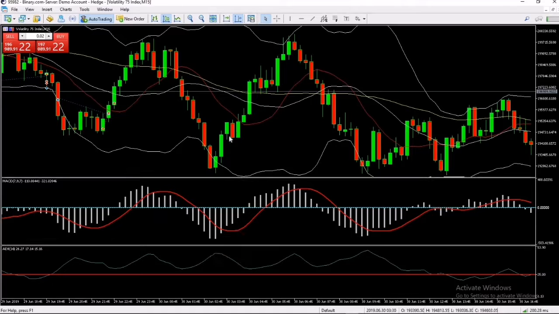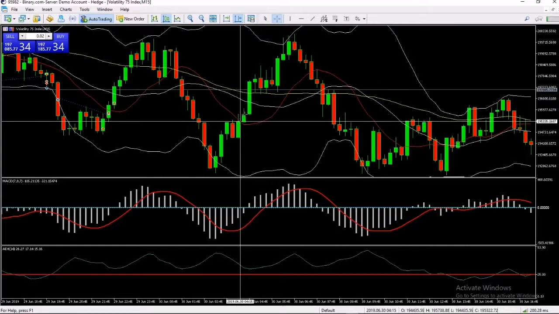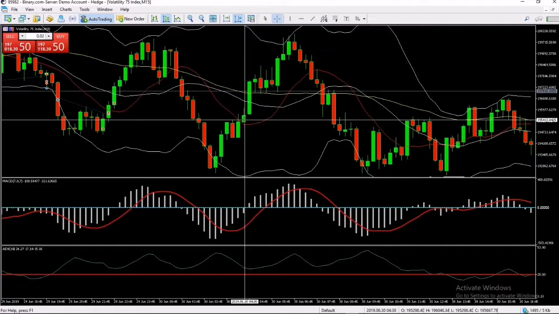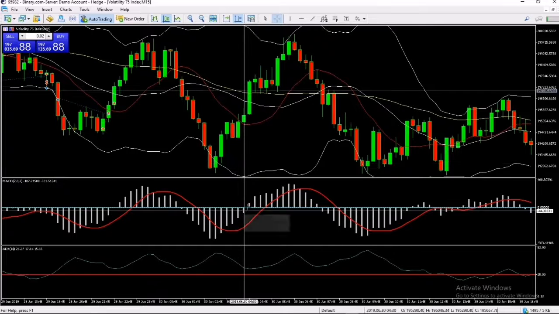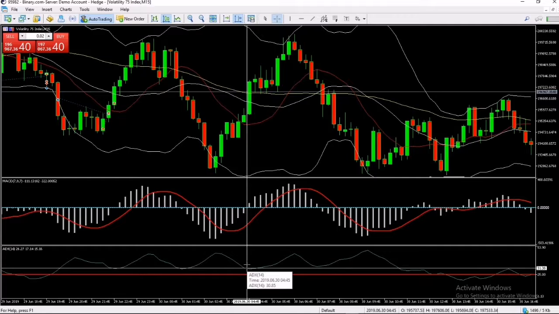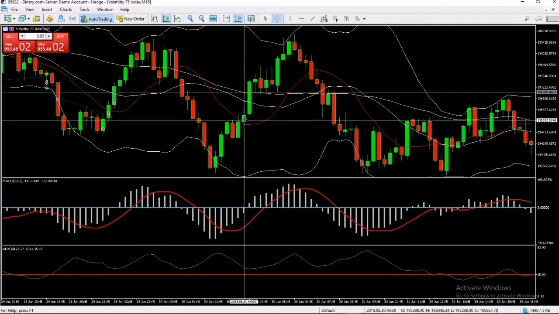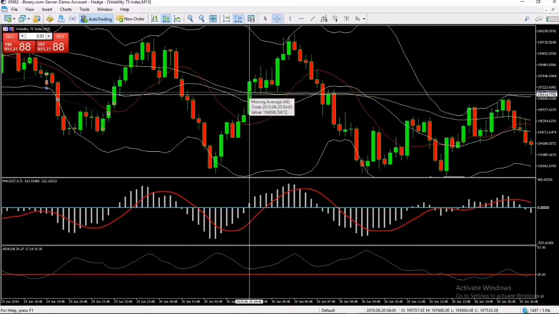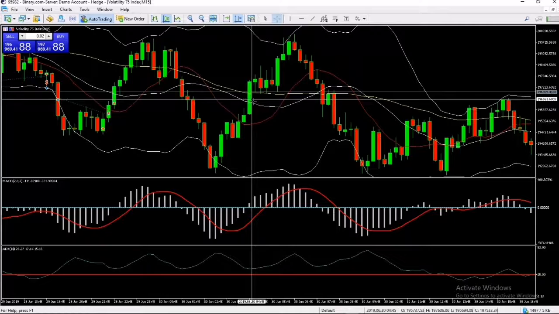This particular trade has started changing, and the candle closed above the first moving average. After closing above the first moving average, let's see, this candle closed here. You can see the MACD is about to change, and this is still above. So what did I say? I said you wait for the candle that will close above what? Above the middle Bollinger Band.